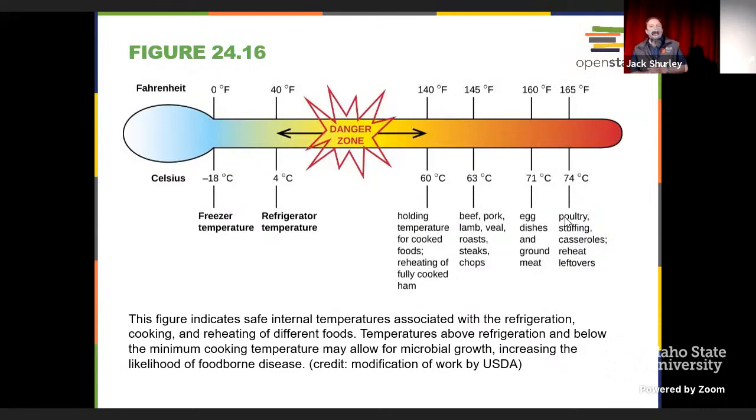All right, so we left off, we got a little bit into chapter 24, maybe almost halfway in here. We left off here with this thermometer. We want to think a little bit about some foodborne illnesses. There are all sorts of possibilities. In some instances, it's the bacterium itself that we ingest, and it colonizes and causes some sort of illness.